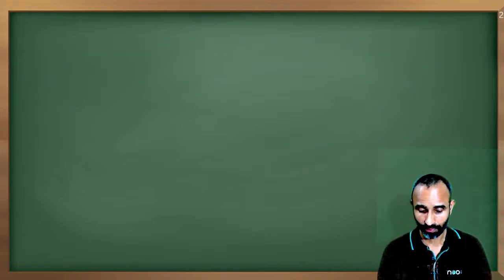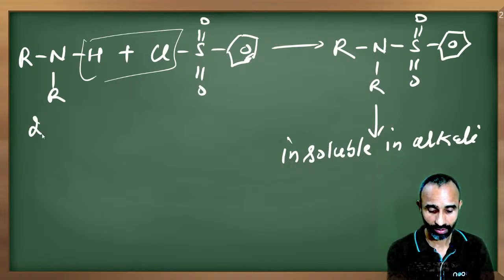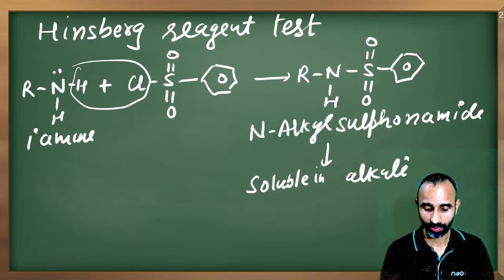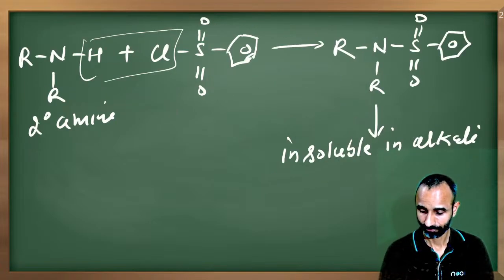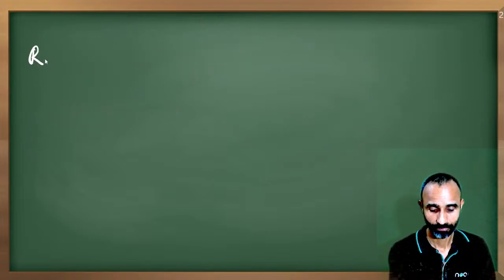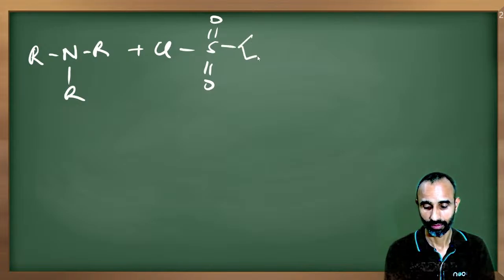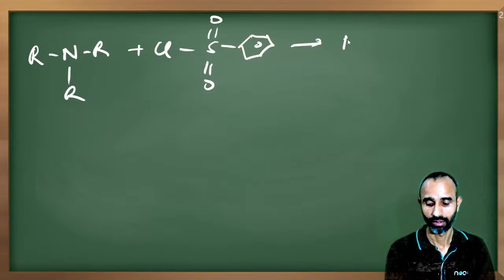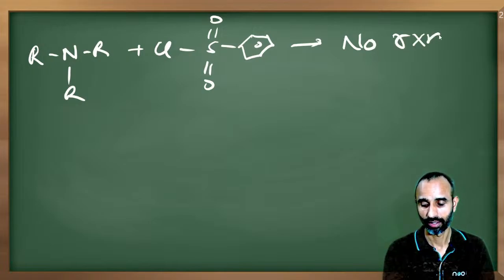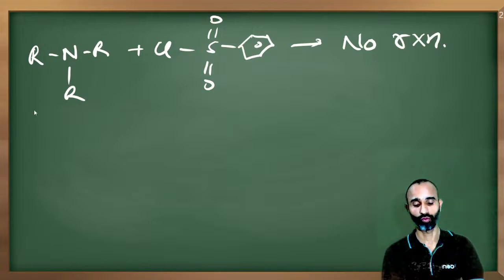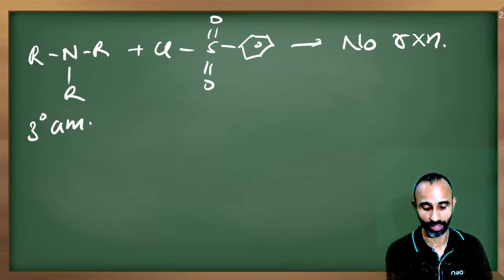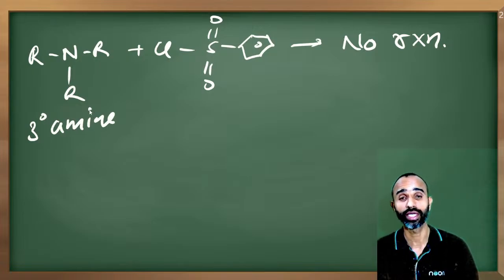And if we talk about tertiary amine, this is secondary amine. Tertiary amine, in tertiary amine there is no NH bond. So no reaction takes place. So in this way we can distinguish between primary, secondary and tertiary amine by using Hinsberg reagent.